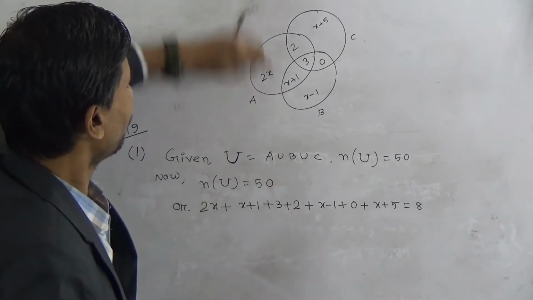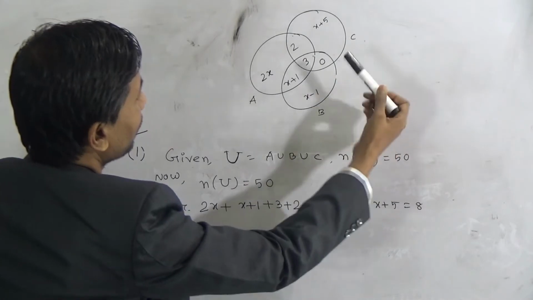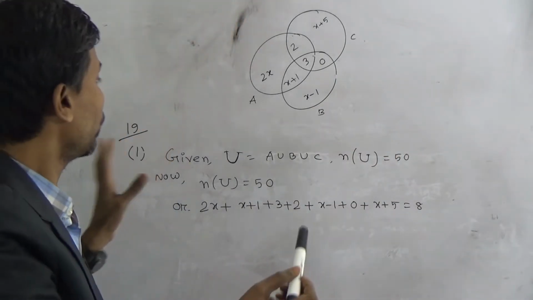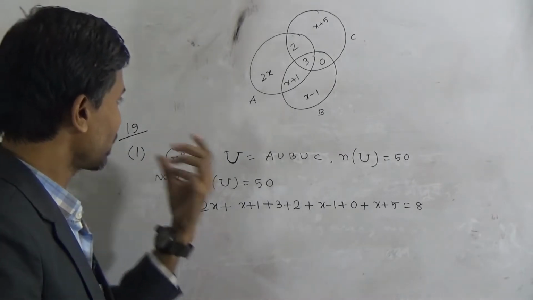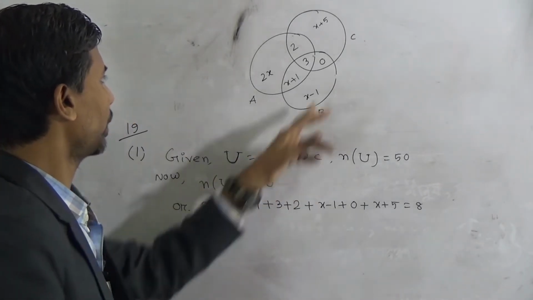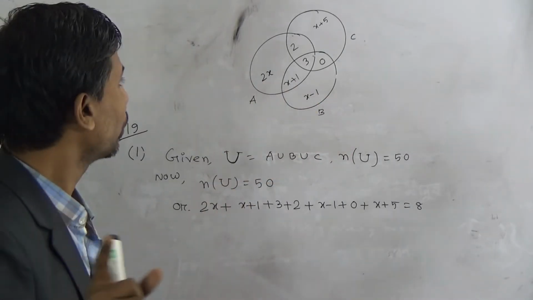Then similarly for B set and C set, you see 0 is common between B set and C set. So when we use the union, we take the common elements only once.